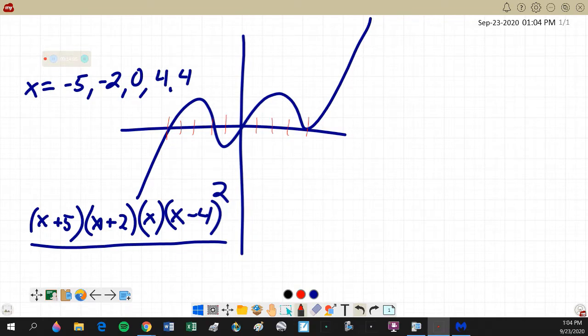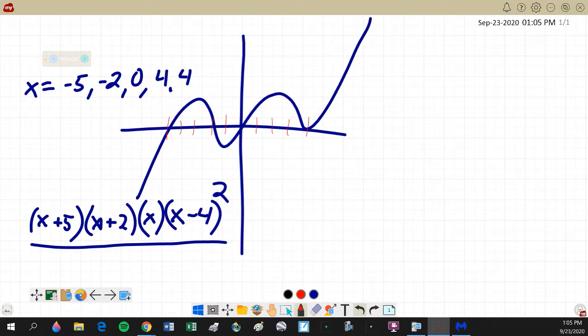Okay, so when I multiply this out, I'm going to get a big, long, messy equation, and you guys could do it, but it's going to take some time because we'd have to do the x plus 5 and the x plus 2. Then we'd have to multiply by x. Then we'd have to multiply by x minus 4. Then we'd have to multiply by x minus 4 again. But what can I figure out in that equation that would be really easy?